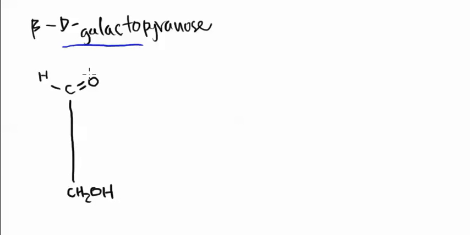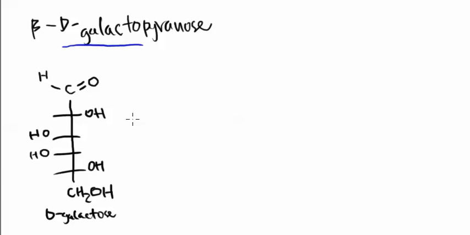In between these two carbons, galactose is a 6-carbon chain. So there's 4: 1, 2, 3, and 4. That gives me a total of 6 carbons. If I look at the position of the OH groups, I'm going to see that the top one is to the right, the next one is to the left, the next one is to the left, and the next one is to the right. So this is D-galactose.